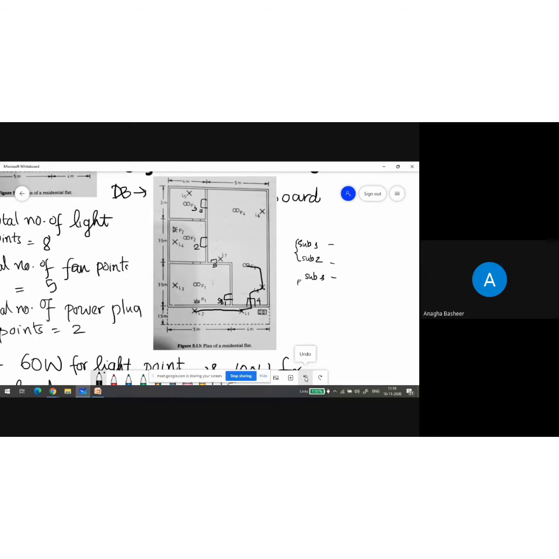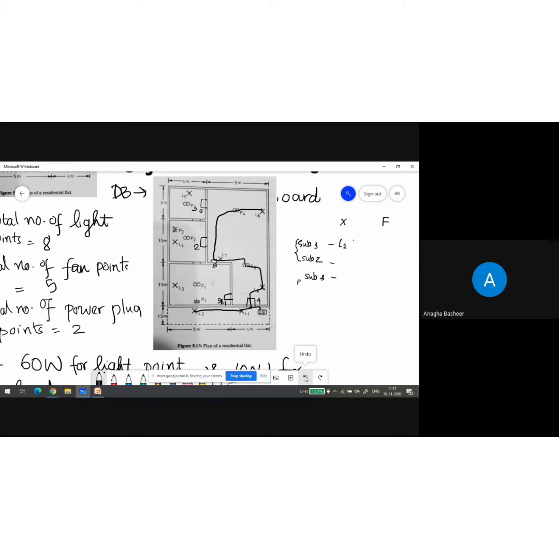The layout is like this: F5, L7, switchboard 5, F4, L6. So from the DB you have to start, right? So the wire should go to DB. This is subcircuit 1. So how many lamps are connected? How many fans are connected? That you have to label here.